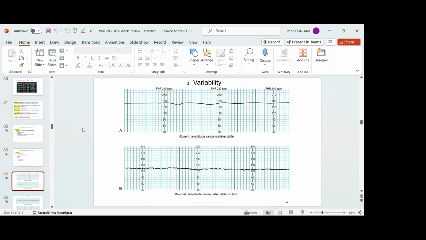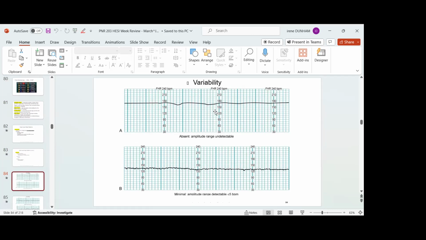Now, getting back to variability here, does this look good to you guys? No. So you can equate this to an EKG on an adult. That's almost like a flat line. That's never good. So this is what we call absent variability. The beat to beat beats here, there's none.